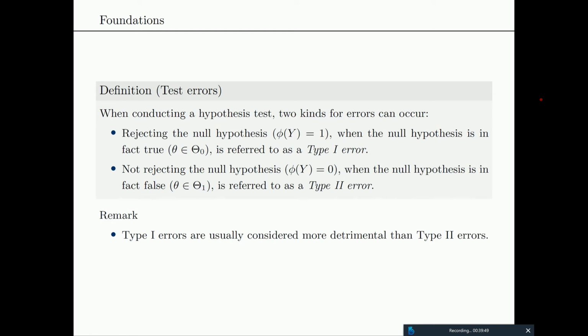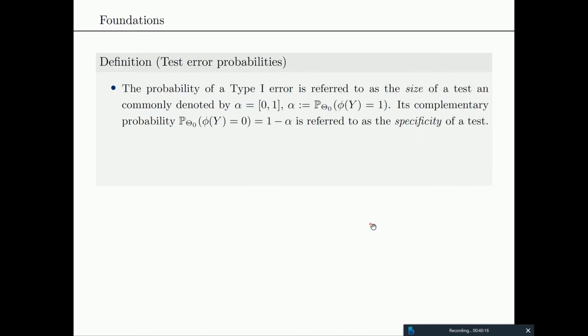The important thing now in terms of the utility that I mentioned earlier is that there's this implicit idea that type 1 errors are worse than type 2 errors. So you want to avoid false positives. And once you avoid false positives, you also want to avoid false negatives, but only once you avoided false positives.